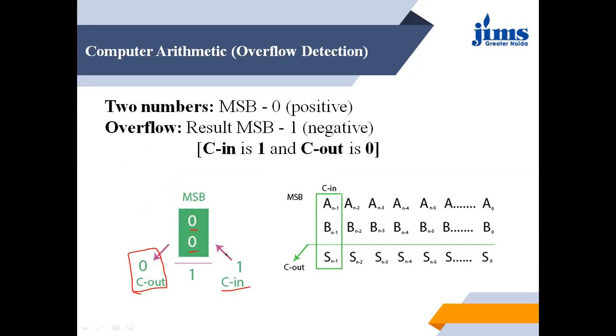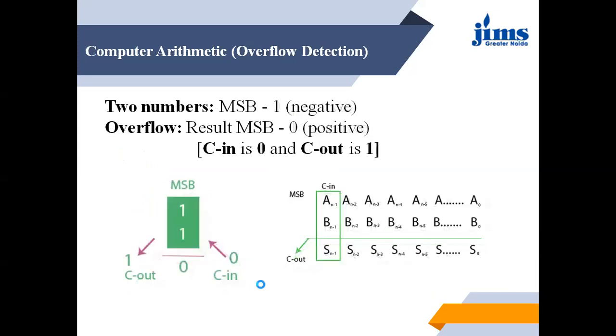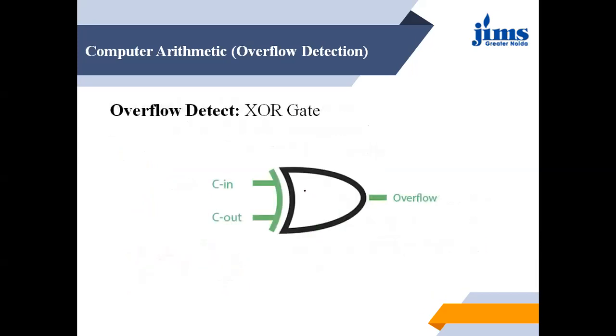So we can use an XOR gate to detect this. When we have two inputs X and Y, as we studied, this is our result.